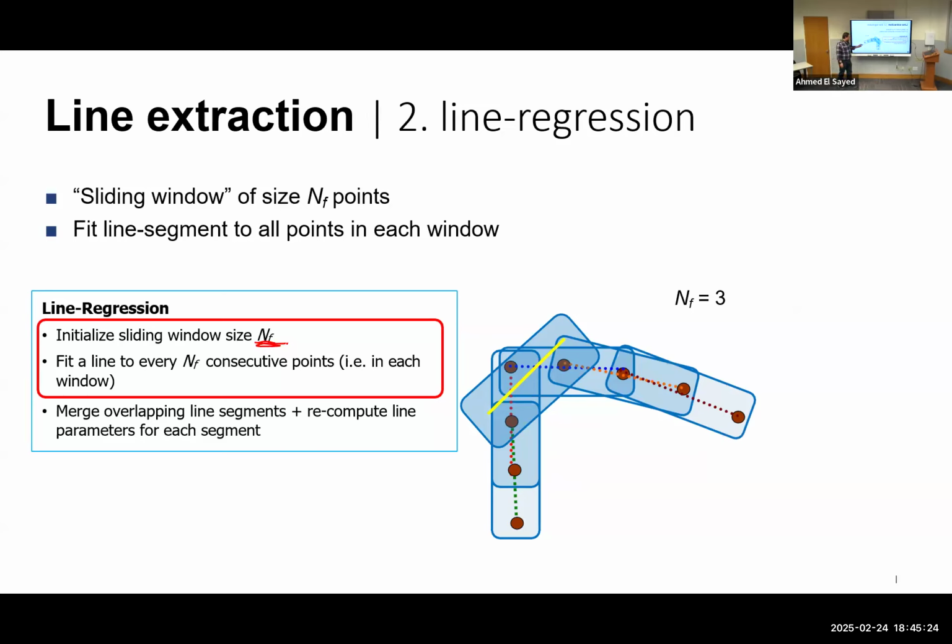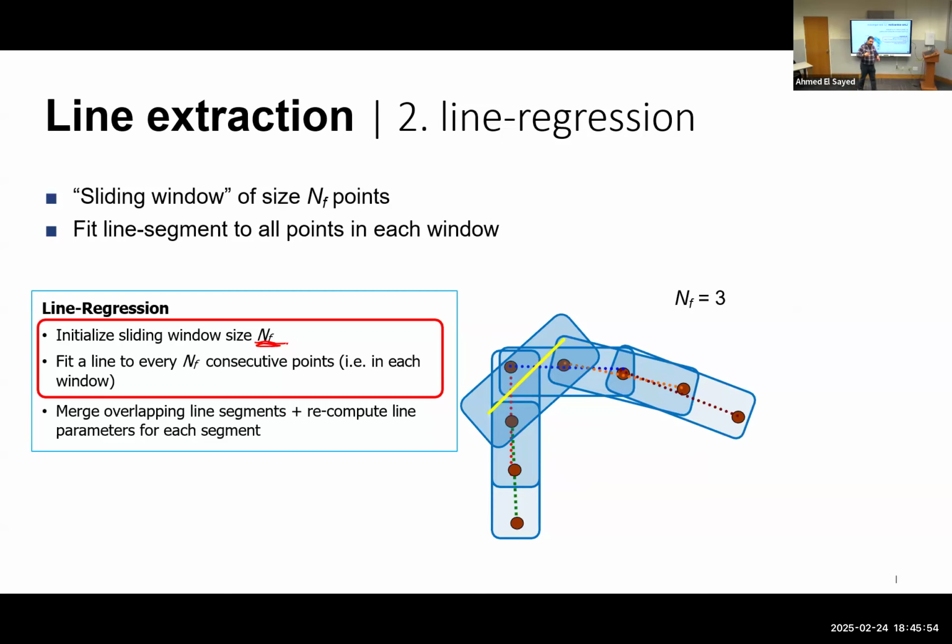Then I will start from any direction you would like, it doesn't matter. Assume that we have NF equal 3, 4, 5, it doesn't matter. Okay? I will join every 3 points in a line as much as I can using the linear regression algorithm, which means the line that I find must have the minimum error.